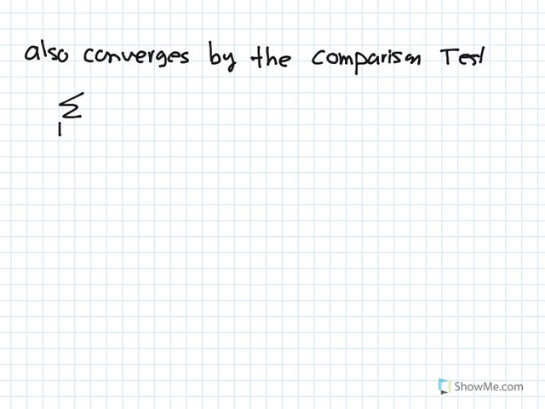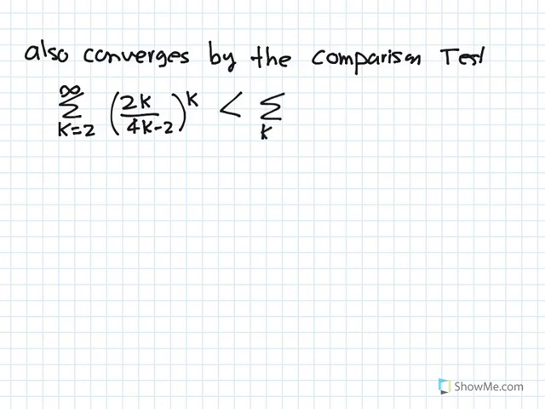So let's summarize. Here's our given series, k equals 2 to infinity of (2k divided by 4k minus 2) to the power of k, and we proved that every term of our given series is less than a comparison series, which is a convergent geometric series with common ratio of 2/3, which is less than 1. Summation k equals 2 to infinity of (2/3) to the k.